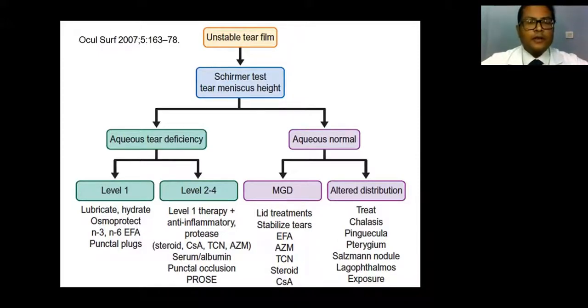In addition, punctal occlusion and PROSE are also additional tools in the armamentarium of the ophthalmologist in treatment of severe dry eyes. In aqueous normal conditions, one needs to look into meibomian gland disease, which needs to be treated with artificial tears, expression of the meibomian gland secretions by warm compresses and lid massage, and in case of a blepharitis or meibomitis, one needs to treat with tetracyclines or azithromycin.